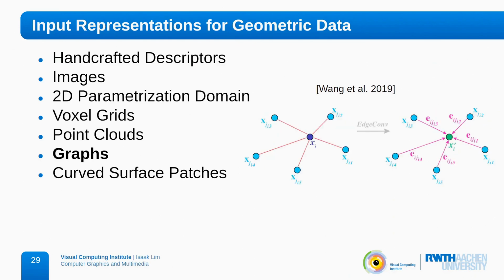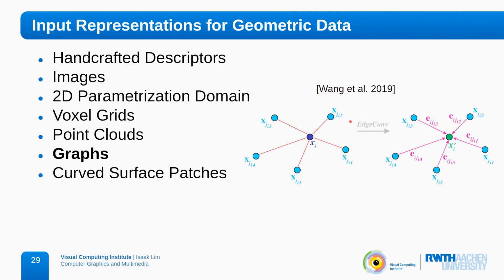Another approach is to make use of graph convolutions, and here we have to consider the following problem, namely that for each center vertex we might have a different number of neighbors, and even if we had the same number of neighbors in a graph, we do not necessarily have any way of ordering them.